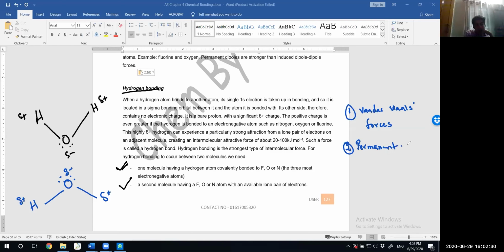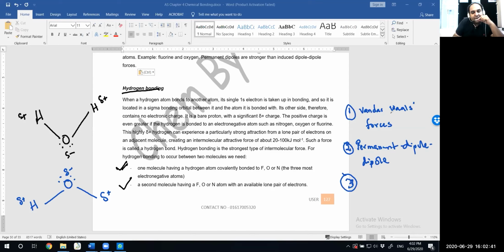Permanent dipole. Third, hydrogen bonding. So van der Waals forces are present between non-polar and polar, permanent dipole is present only between polar, but hydrogen bonding is present only under certain circumstances.